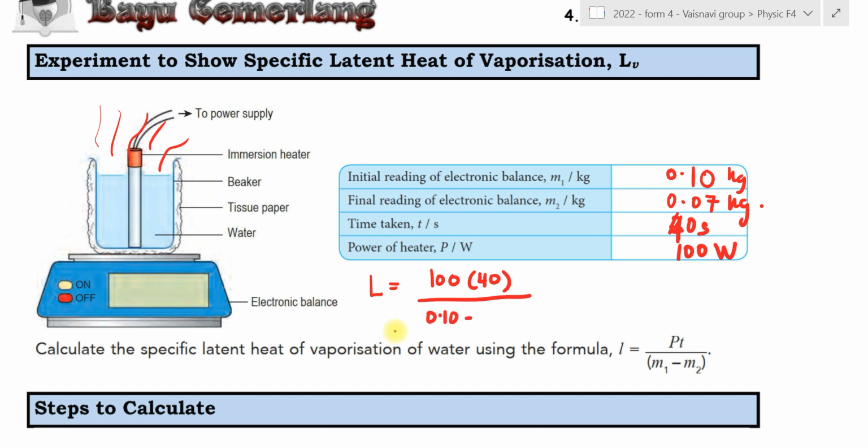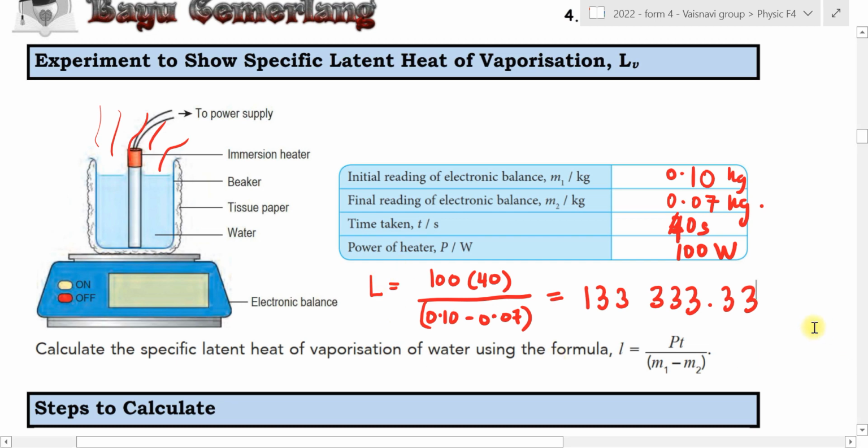So, 0.10 minus 0.07. How much is the answer? 133,333.3.